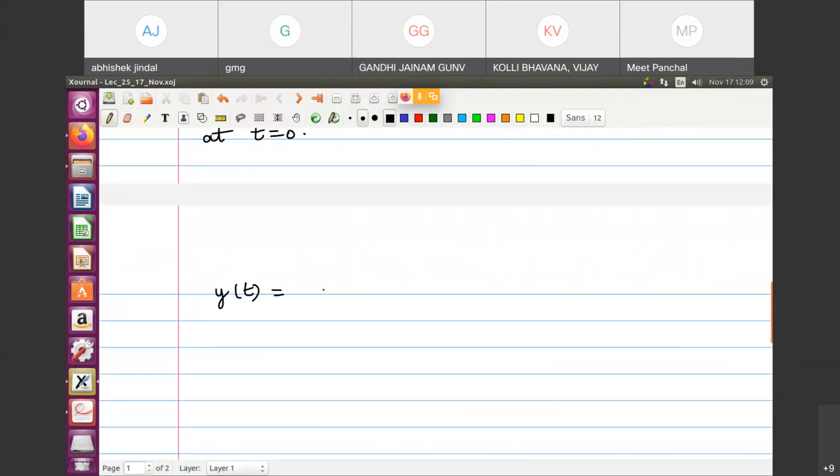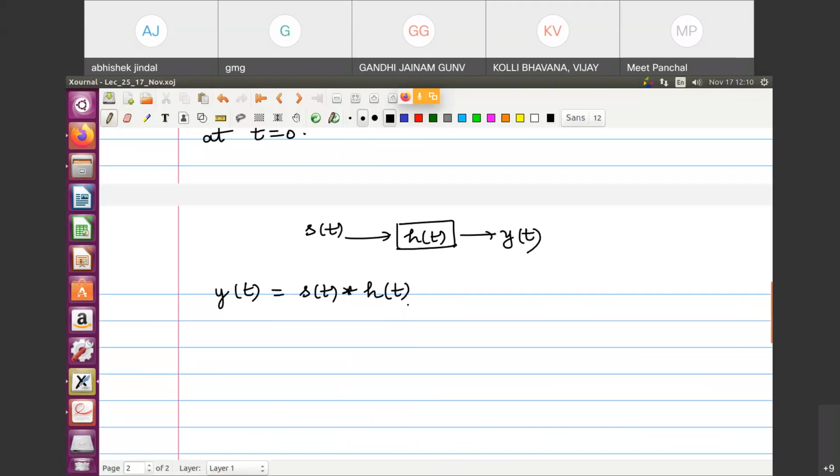Y of t would be nothing but s convolved with h, because you are applying s of t to a filter h of t and you will get an output y of t.